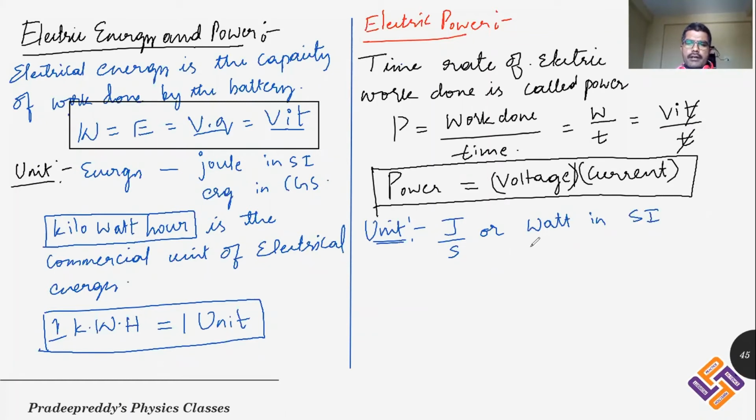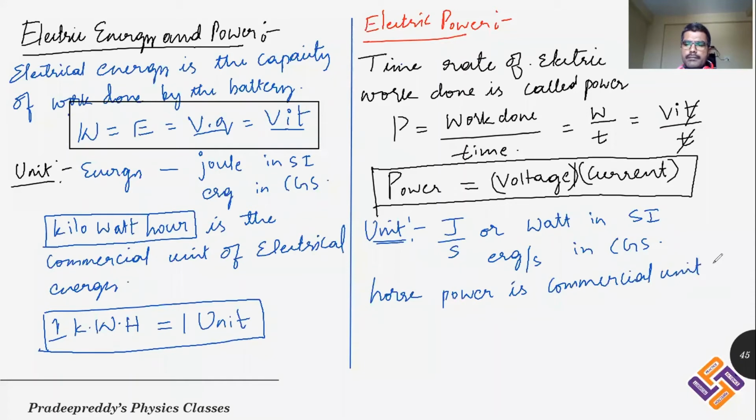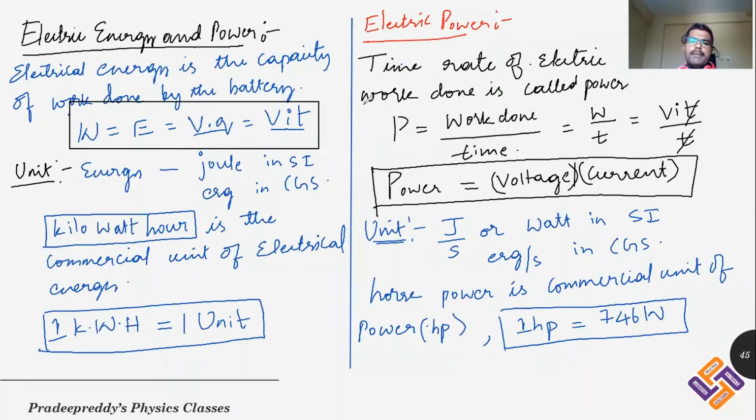You can write it as erg per second in CGS system, and horsepower is the commercial unit of power. Horsepower is denoted with HP. 1 horsepower is equal to 746 watt. This is the relation between horsepower and general wattage.